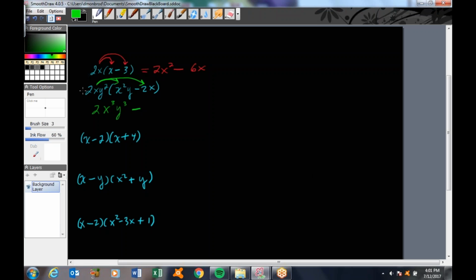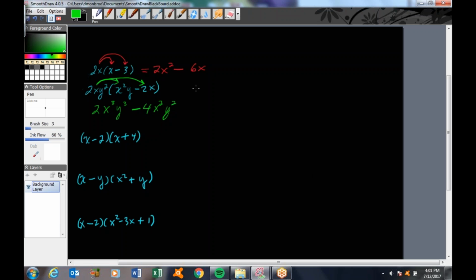Consider this to be a positive 2 times a negative 2x. You can treat it as a negative sign or as a minus. Anyway, we'll have a 4, we'll have x squared, and a y squared. Notice that the y squared stays because there's no y over here to make it increase to anything higher than the 2. And this is our answer. These are unlike terms, can't be added.